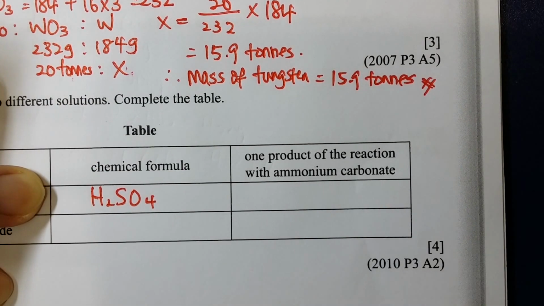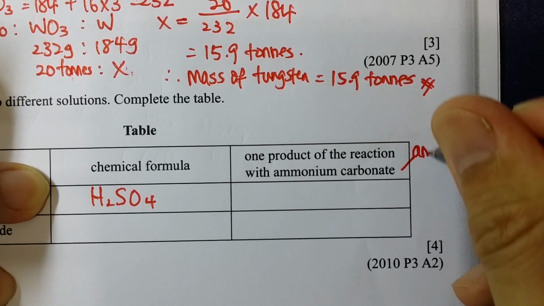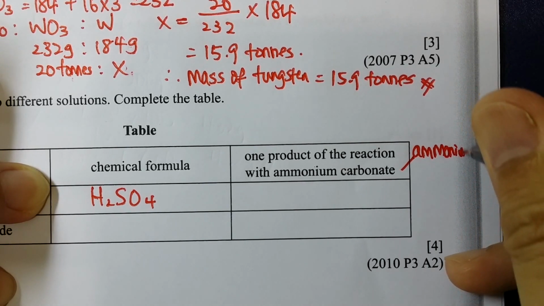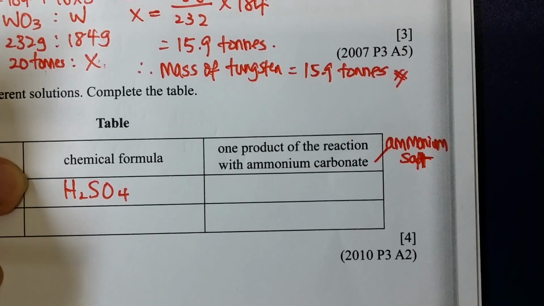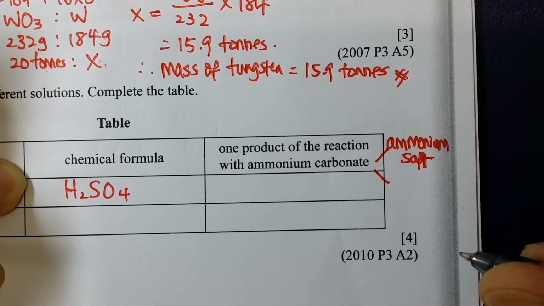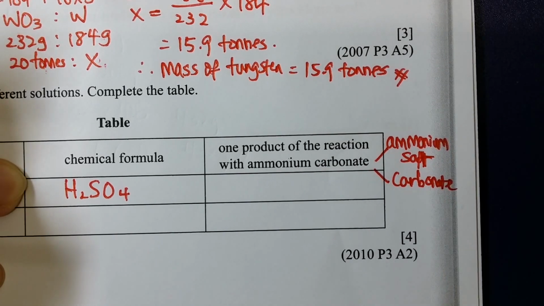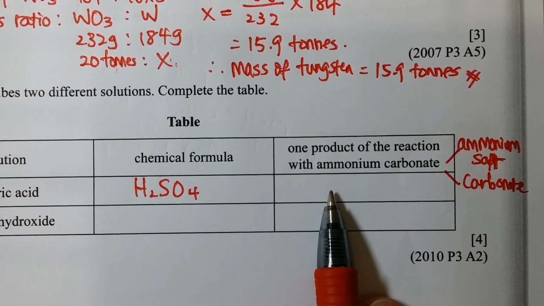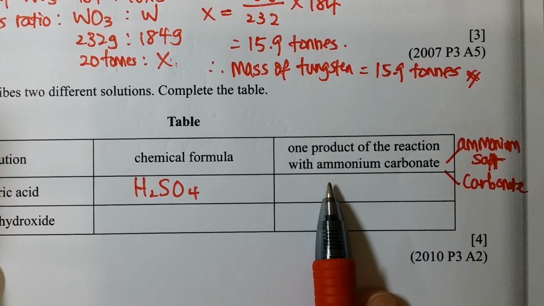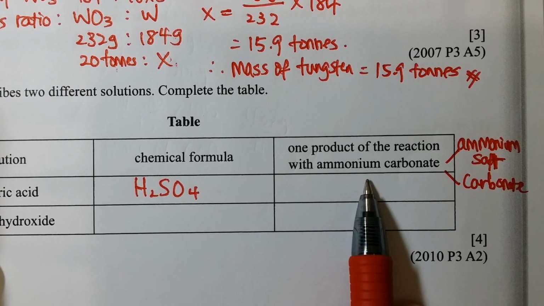Now, this ammonium carbonate is very interesting. Ammonium carbonate, of course, is an ammonium salt. Also, ammonium carbonate is a carbonate. Correct? It is an ammonium salt, it is a carbonate. So, what would be the product formed from the reaction between sulfuric acid and ammonium carbonate?